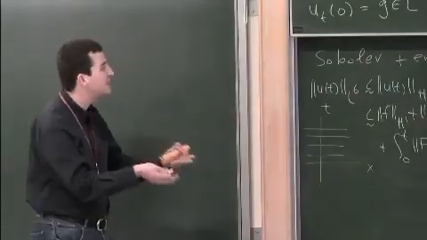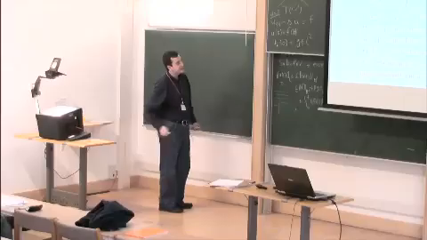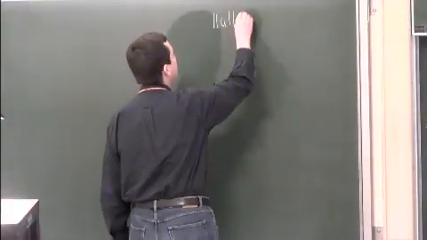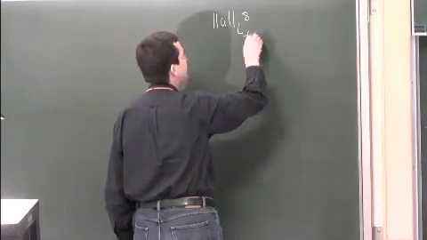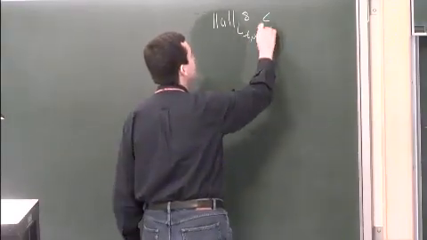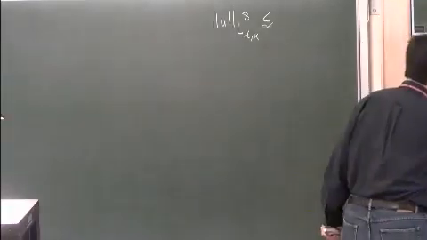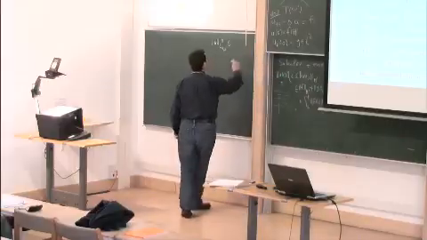And if you do that, you gain something. In this particular case, with this numerology, you can bound u in L^p of t and x by various constants that I don't want to worry about, less than the same thing.